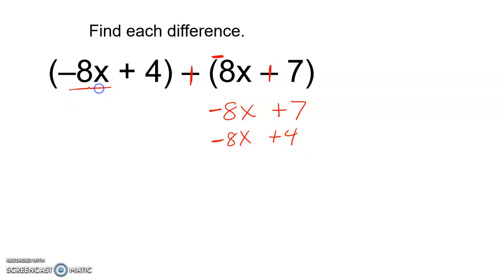So I'm taking these and moving them and stacking them with common like factors. So two negatives, I add and keep the negatives. That's negative 16x. Two positives, I add and keep the positive. That's 11. So we end up with a negative 16x plus 11.